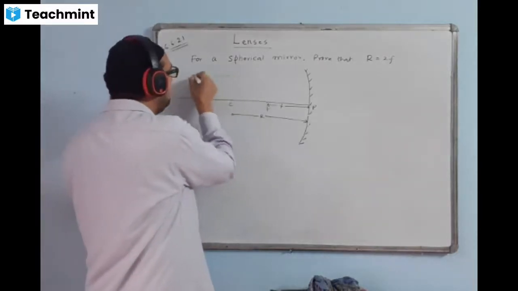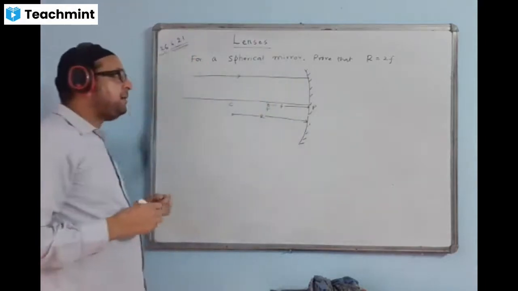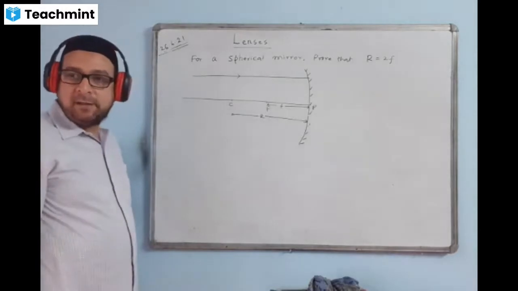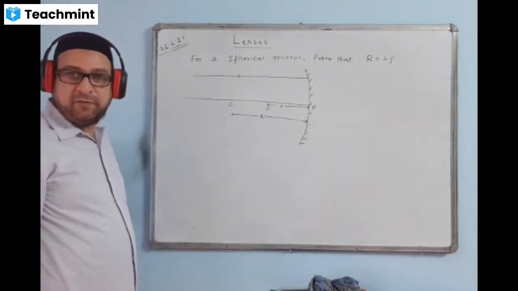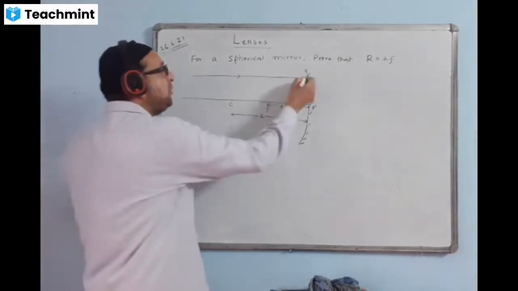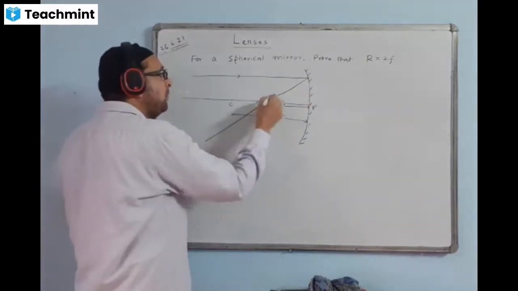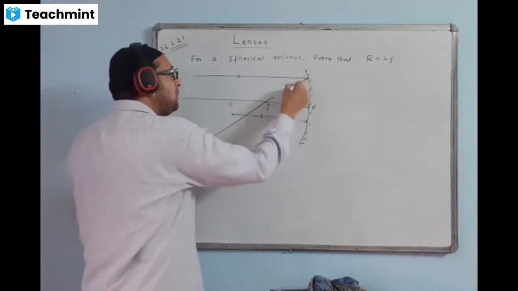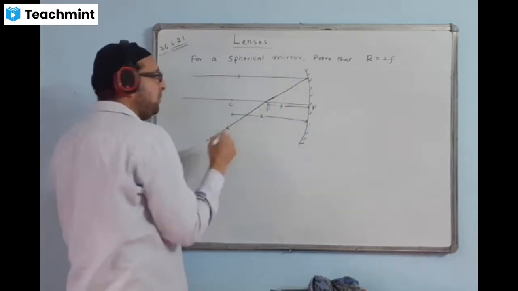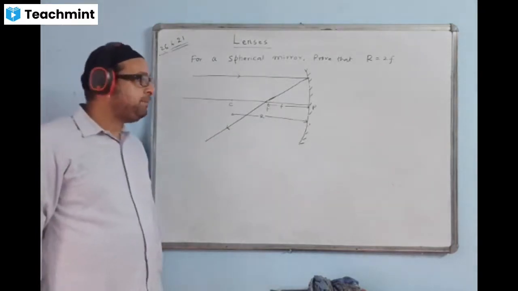So I'll draw a diagram for this. I'll take a ray parallel to the principal axis. An incident ray parallel to the principal axis, after reflection from the mirror, passes through F. So this ray is going to pass through F. Reflection is taking place here.